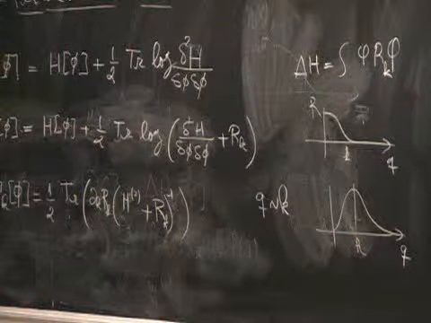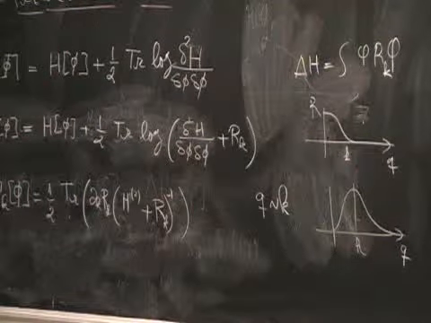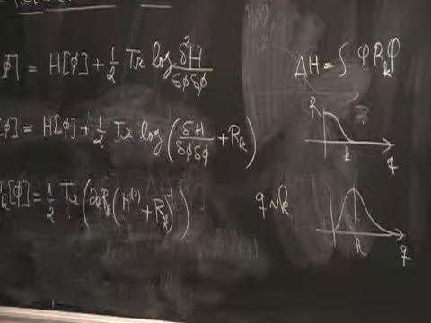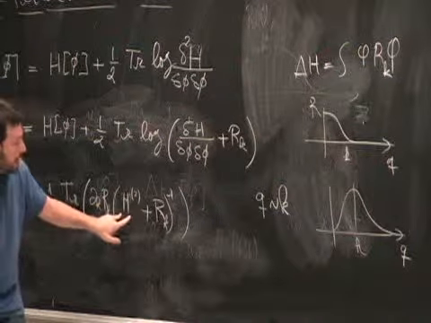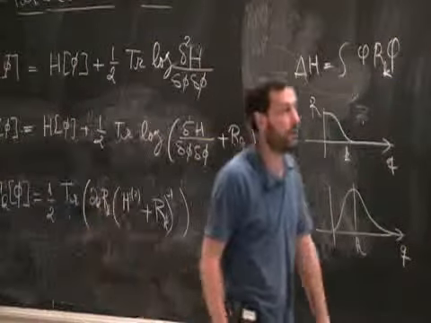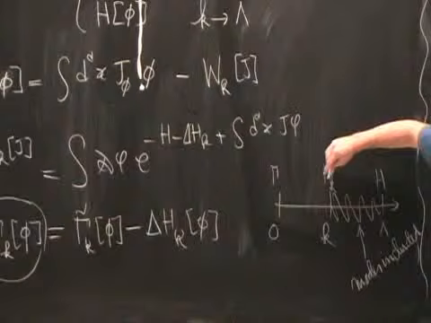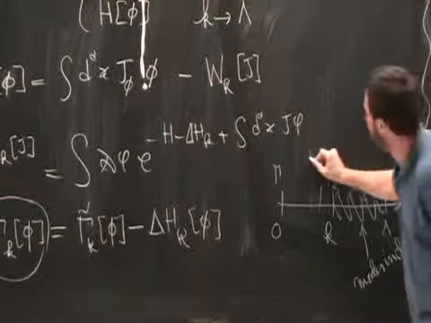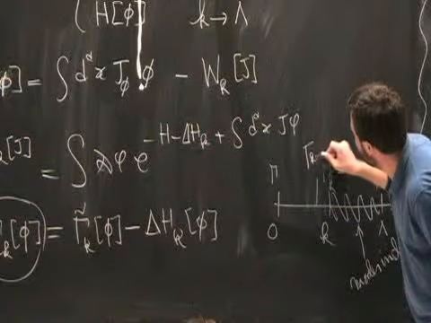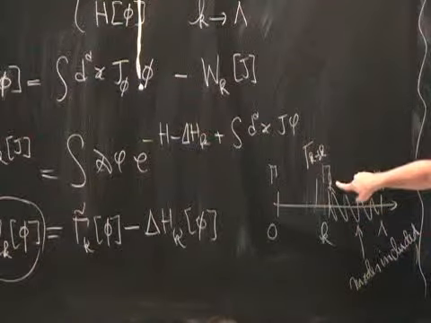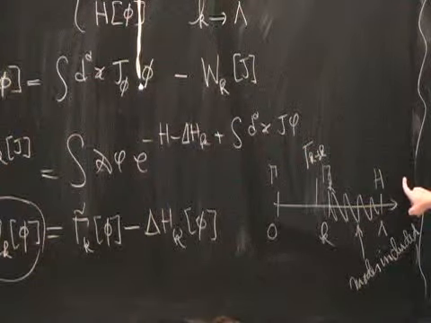The bad news is that we still didn't manage to have an equation for gamma k that does not depend on the microscopic scale, because you still have h here. And I recall to you that h comes from the beginning, and we want this step, gamma k at k minus delta k, to be deduced from gamma k, not from h. Okay?